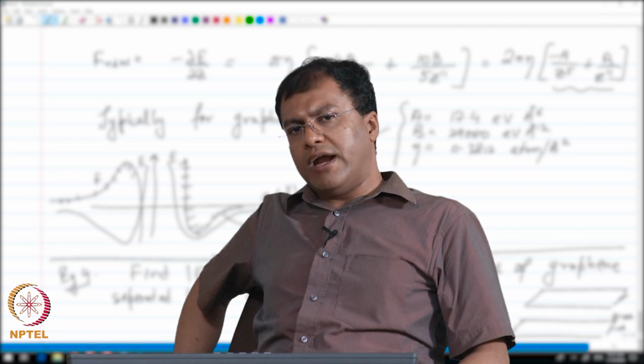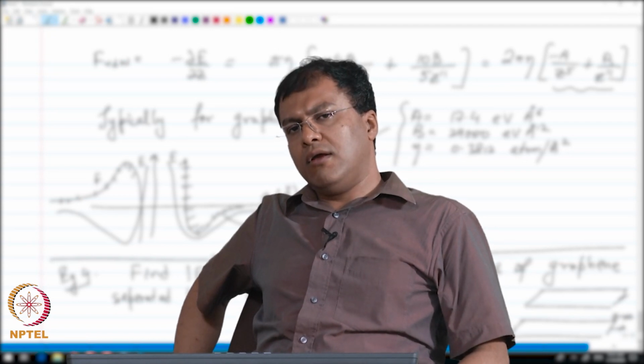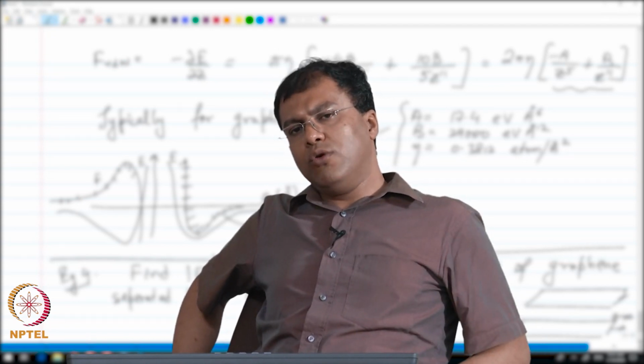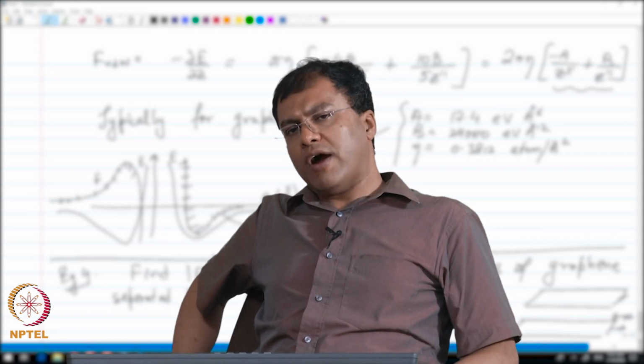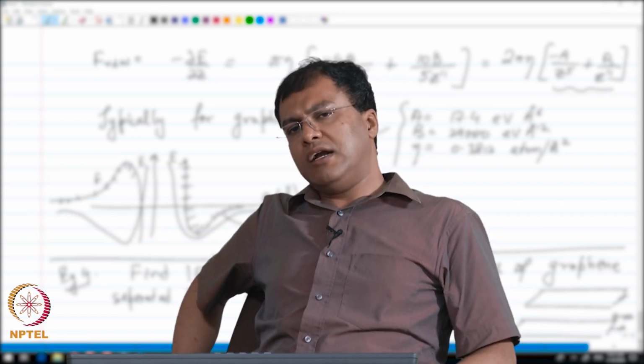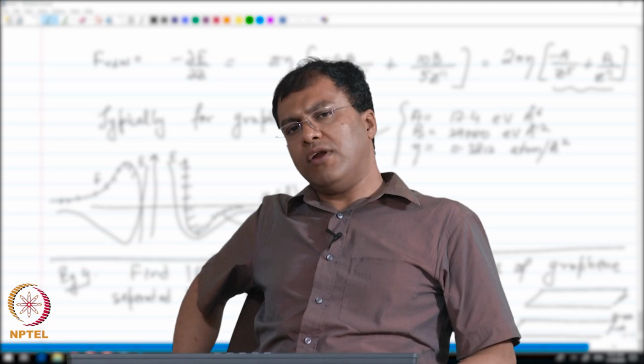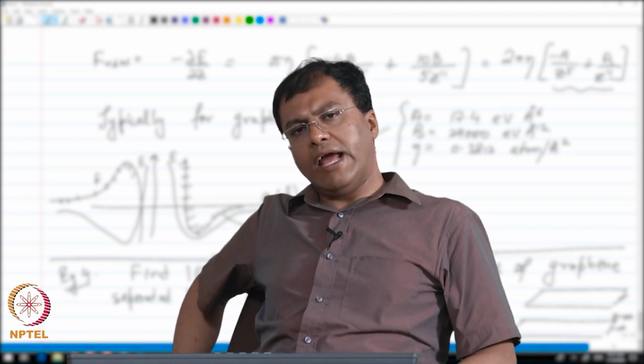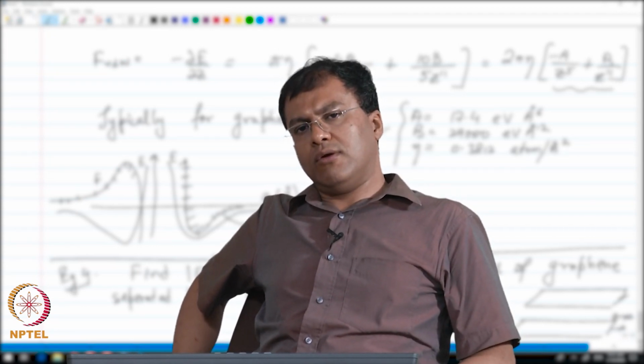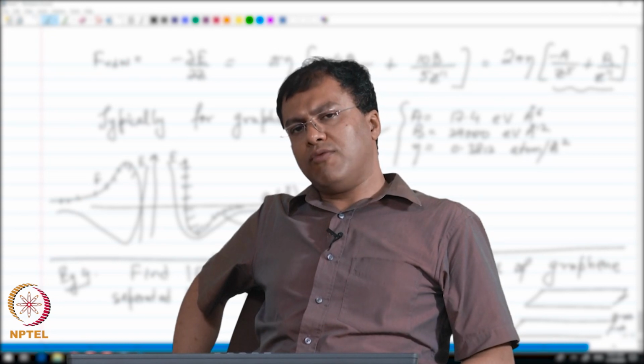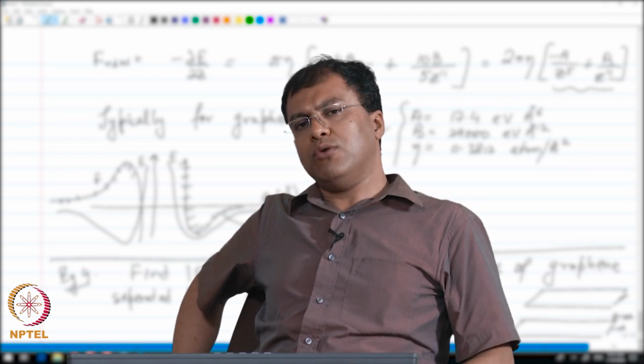So, instead of finding the interaction energy of two infinite sheets, I am going to find the interaction energy per unit area of the two sheets, okay, to get a finite answer.